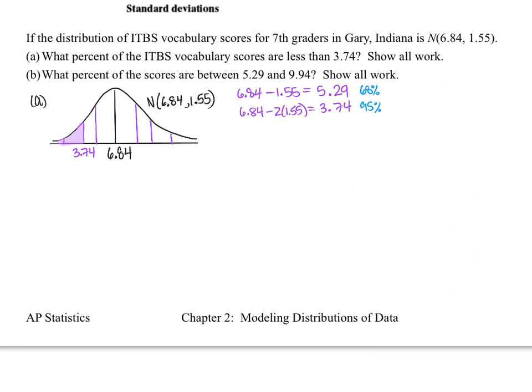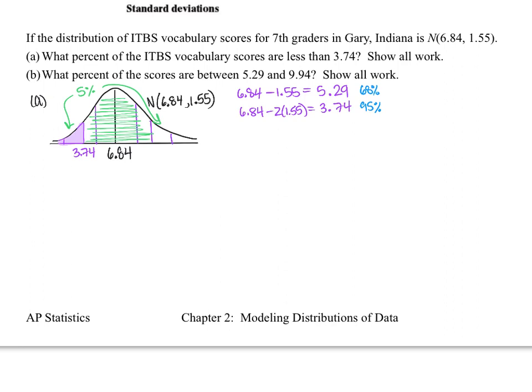And so what that means is the area between is the 95%. So on the outside is the remaining 5%. So 5% is this piece and this piece. So half of it is 2.5%.